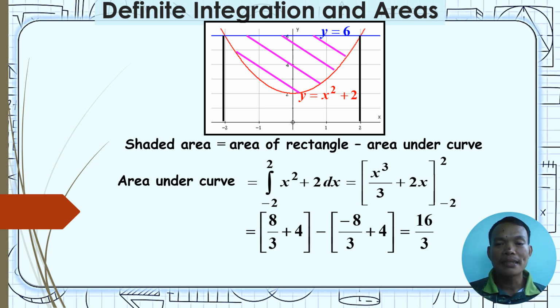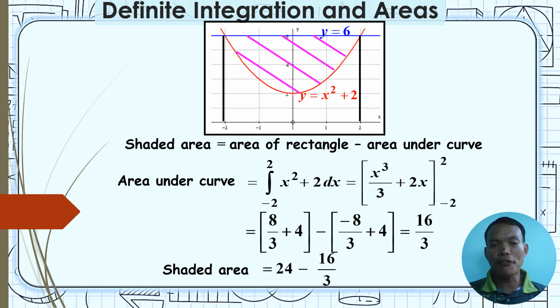Simplifying, it gives us 16 over 3. Therefore, the area shaded is equal to the area of the rectangle, which is 6 times 4 equals 24, minus the area under the curve, 16 over 3, and the answer is 18 and 2/3.